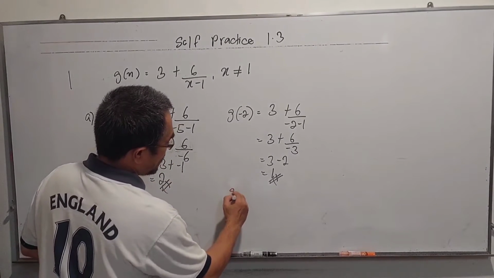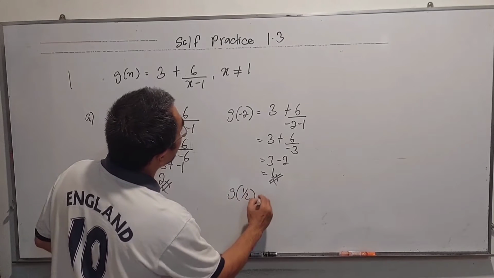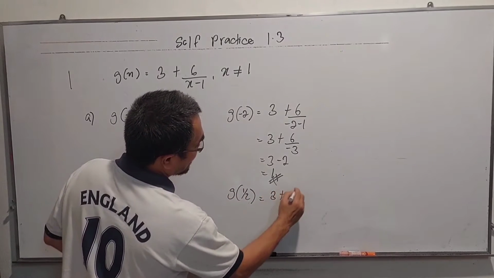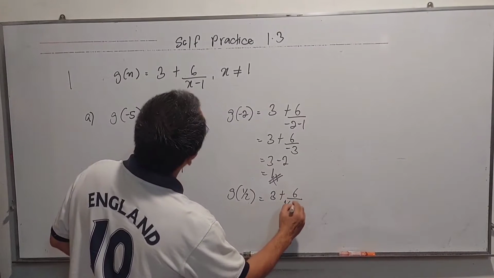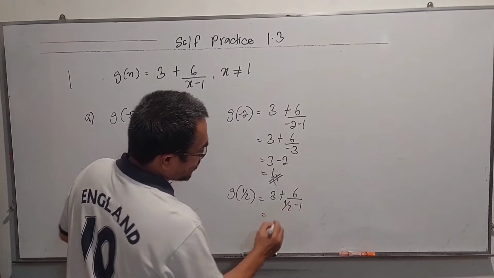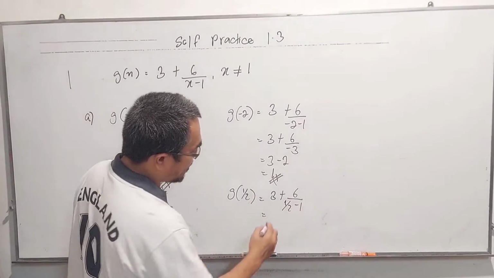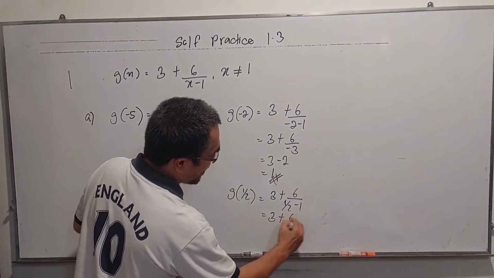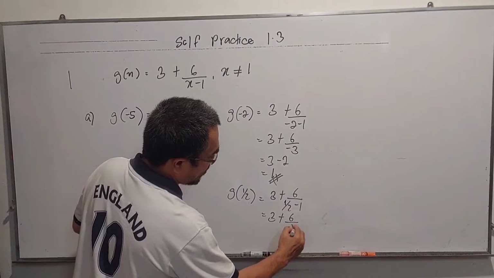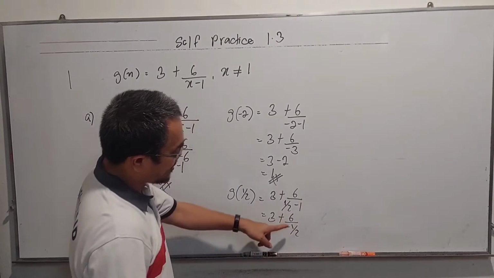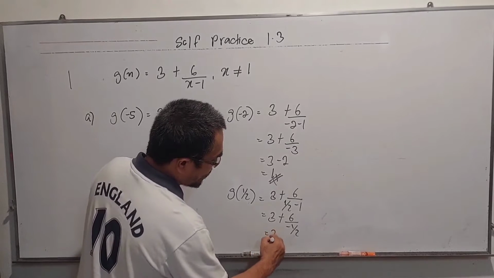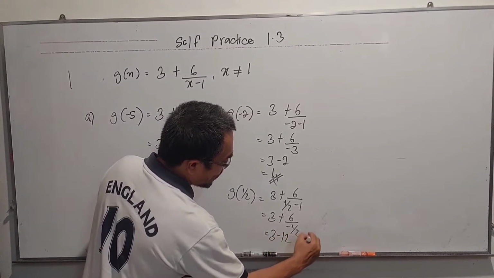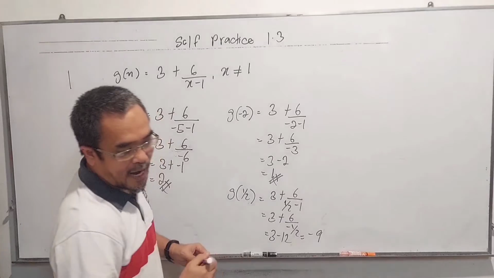So g(1 over 2) is 3 plus 6 over 1 over 2 minus 1. So 1 over 2 minus 1 will be negative 1 over 2. So 3 plus 6 over negative 1 over 2. If you press the calculator, 6 over negative 1 over 2 will be negative 12. So 3 minus 12 is negative 9.